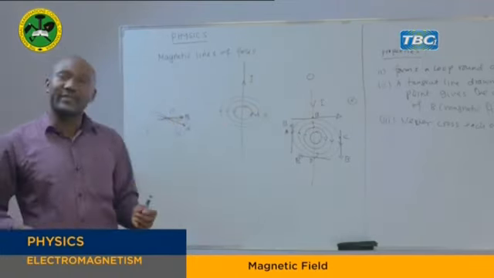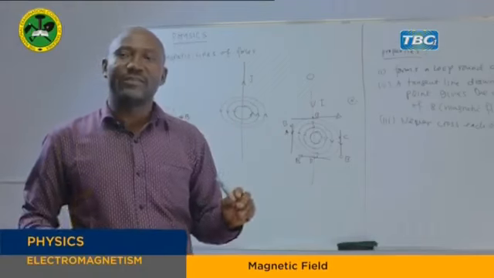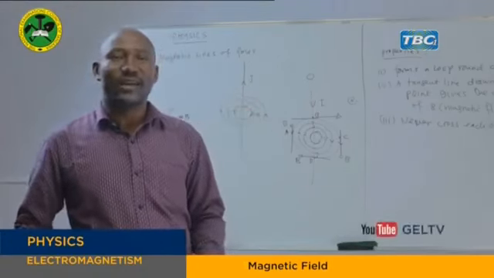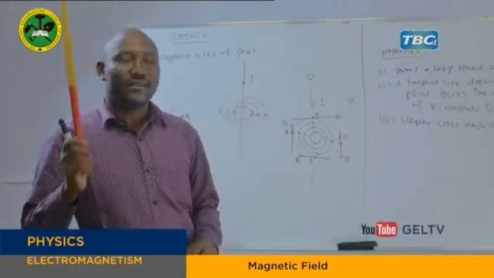So it's not possible for the magnetic line of forces to cross each other, because there's no way you can have two or three directions of the magnetic field at a point. The magnetic field at a point has only one direction. So that's property number three.